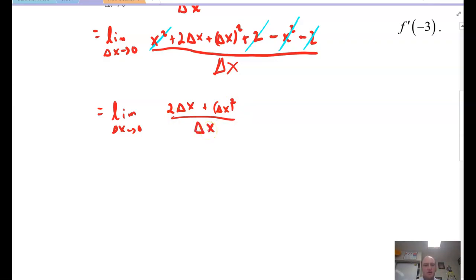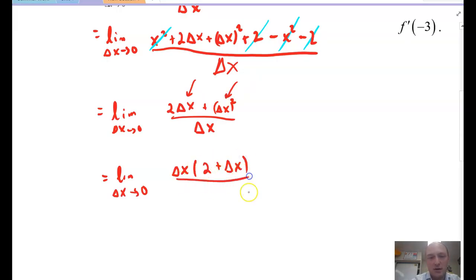Now I can't just plug in 0 because my delta x is in the denominator, and that would give me a denominator of 0. So I cannot do that. The trick here is to factor that out. Take the limit as delta x goes to 0, and I'm going to factor out a delta x from here and 1 from here. When I do this, I get 2 plus delta x all over delta x.